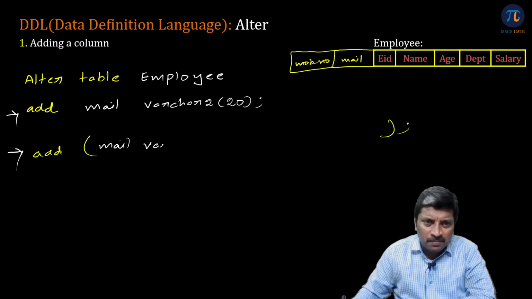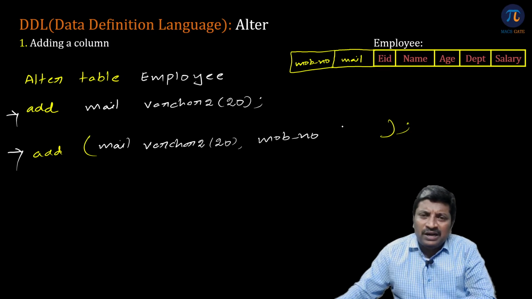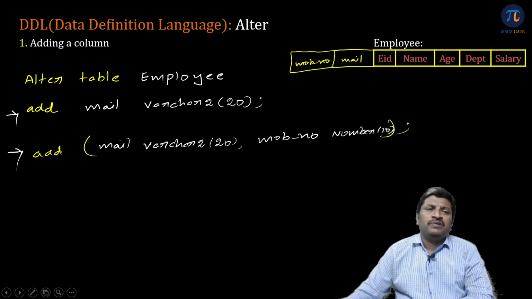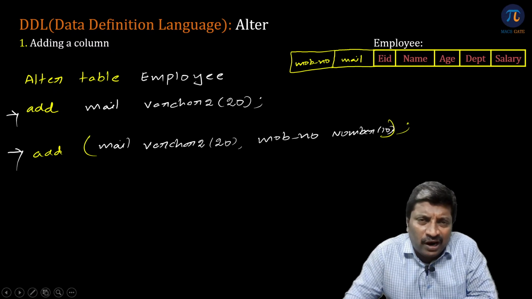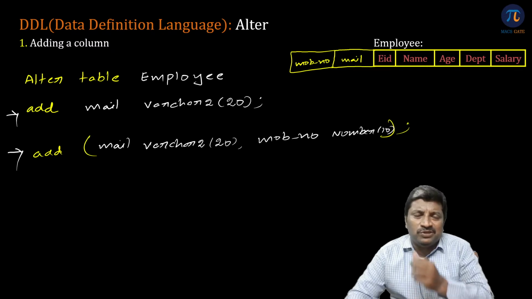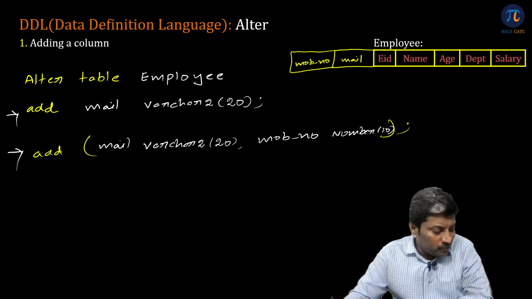Mail varchar2 of 20, comma, the next one is mobile number. And let us assume it is an integer or number which can have maximum of 10 digits. Right, sir? So this is the way to add the columns to the existing relation. So we are altering the table structure. Hope you understood it.